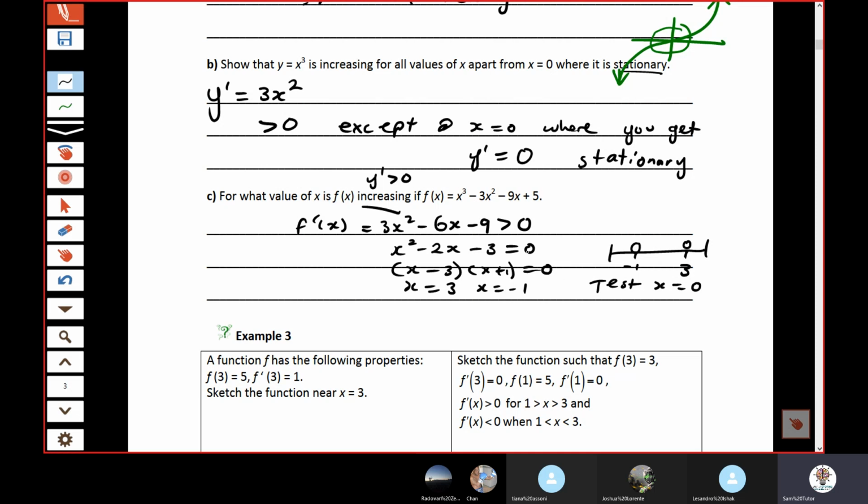What happens when you sub in 0 into f dash? You'll get negative 9. Is negative 9 bigger than 0? You would say no, it's not, which means this doesn't work. Therefore, your answer is x is less than negative 1, x is bigger than 3. Are we fully confident with that by now? That's great.